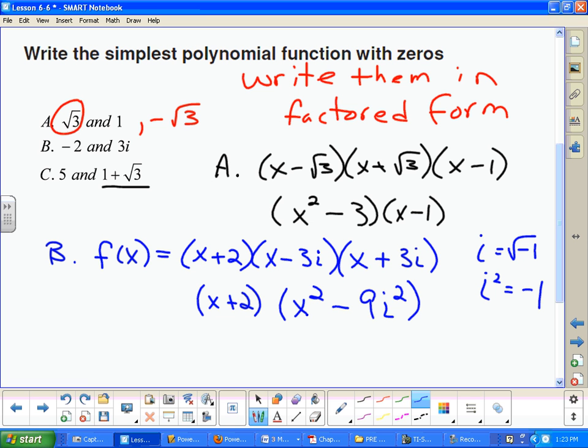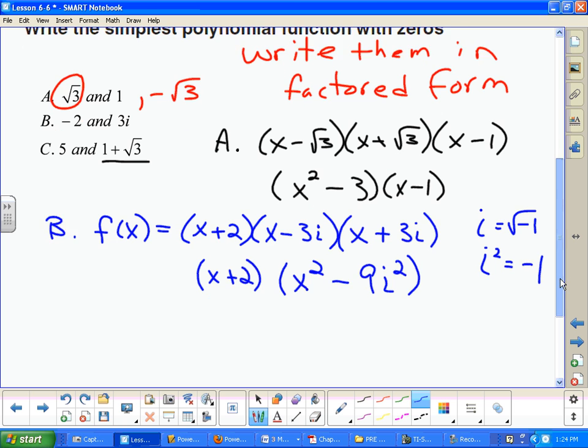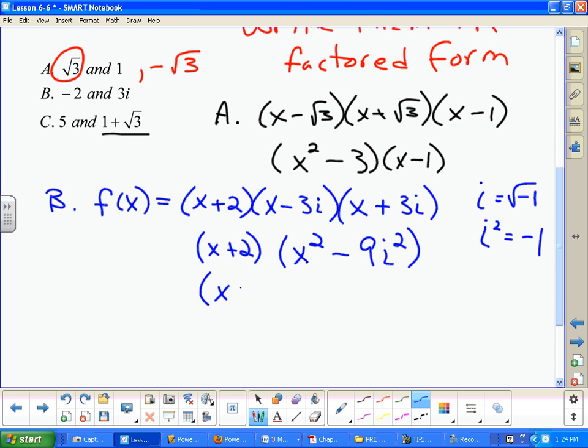So what would happen if I multiplied negative 9 times negative 1? Okay, you get plus 9. So this would be x plus 2 times x squared plus 9. So here's the thing. If you ever have i's here, it's always going to be a plus instead of a minus with the difference of two squares.